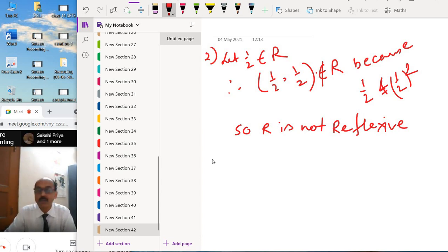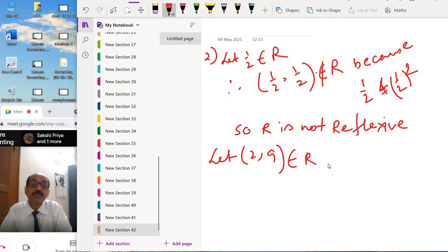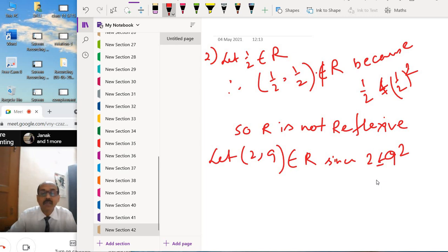So (2, 9) belongs to R, since 2 is less than or equal to 9 square, which is 81. 81 is greater than 2, so it is correct.